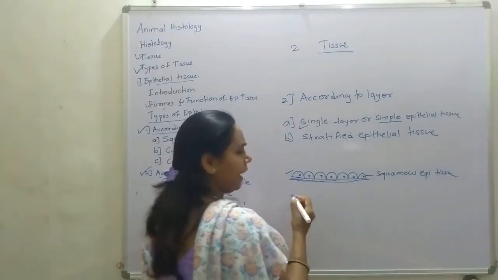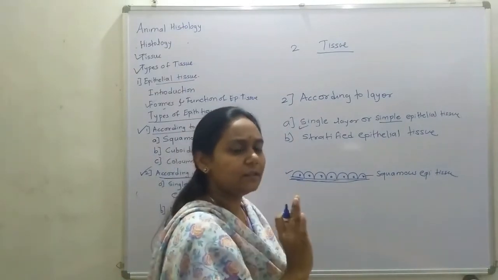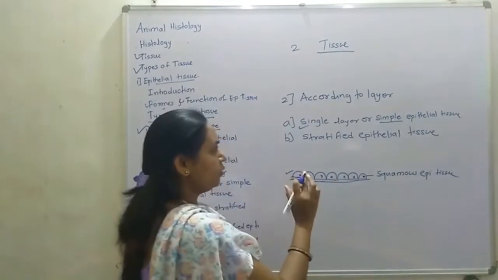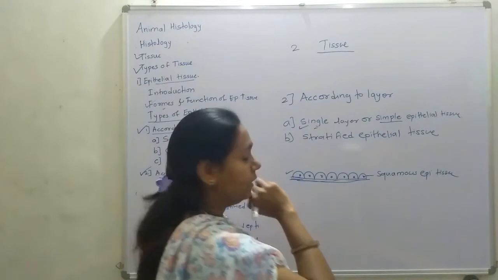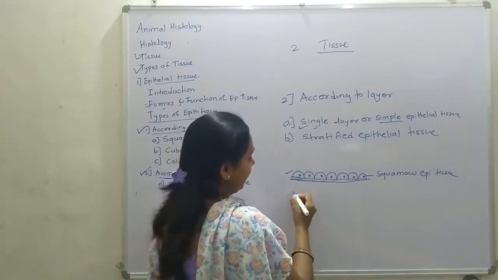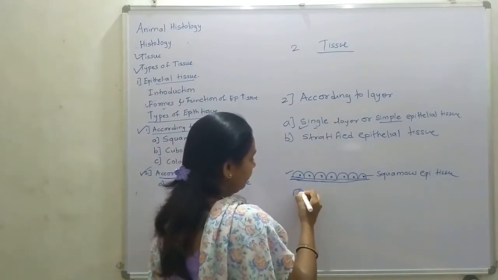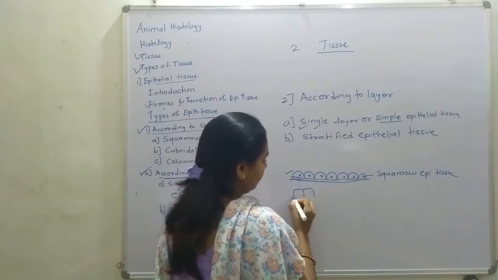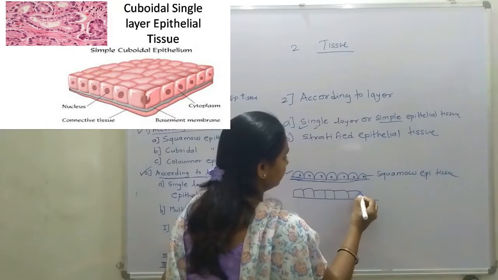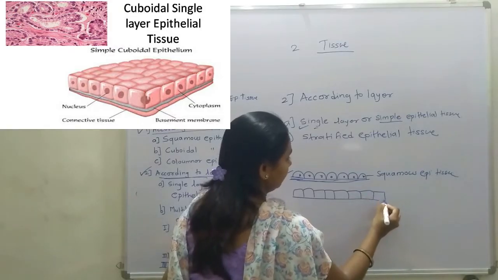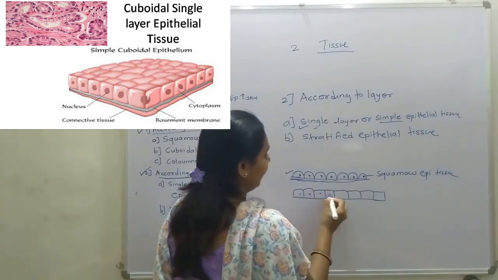Another is according to shape. We already saw the types of cells of epithelial tissue. According to that, we are studying the single layer or the simple layer. Then second is the cuboidal, this is a basement membrane, that is cuboidal epithelial tissue.